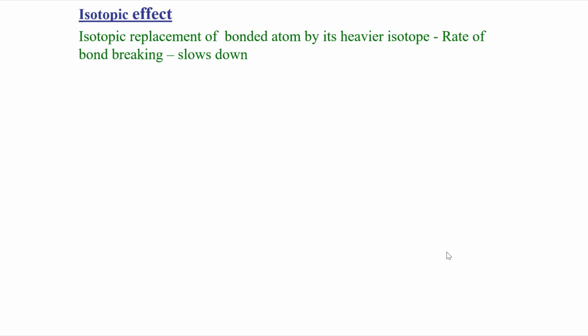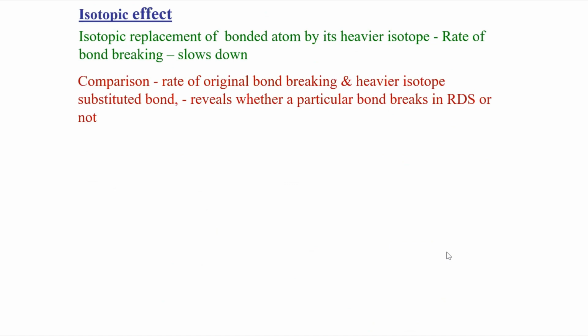As it is heavier, the bond breakage will be slower. If the rate of reaction is slowed down, then bond breakage at that step has occurred. By comparing the rate of reaction with the normal bond breaking and with the heavier isotope substituted bond, we can propose the mechanism.